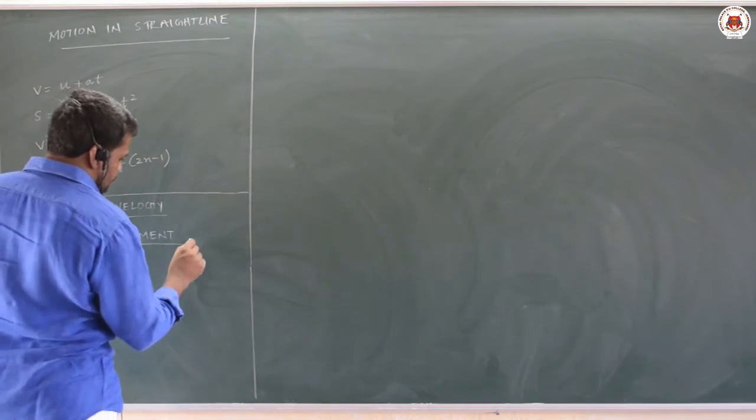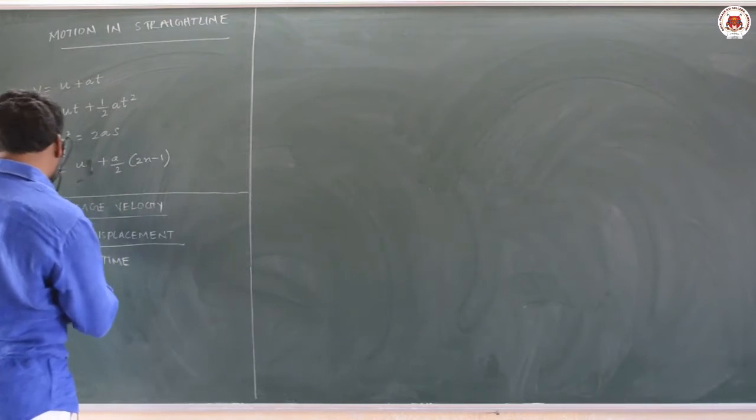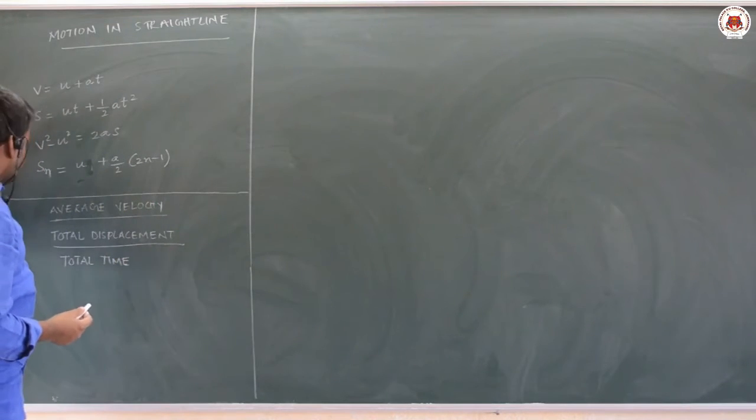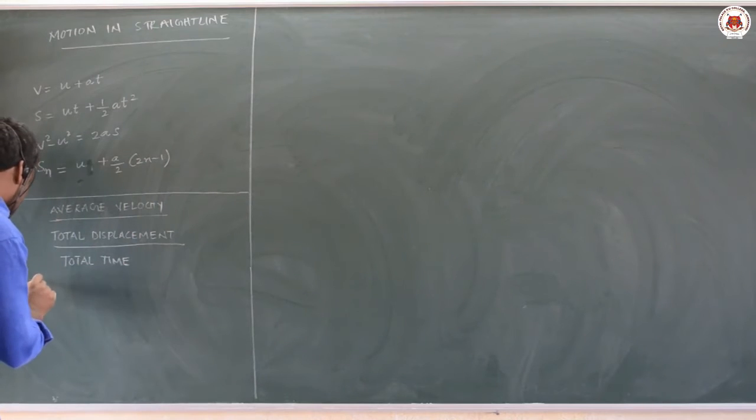That is s by t. So, average velocity, how to calculate average velocity in different cases.